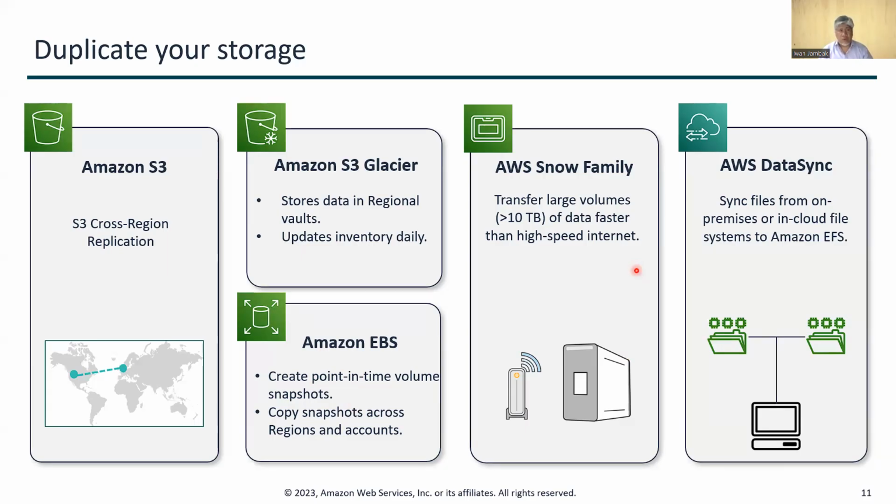You can also make a backup using the Snow family. This is the offline option. You can transfer a large data volume, larger than 10 terabytes, at high speed, rather than going through the internet.